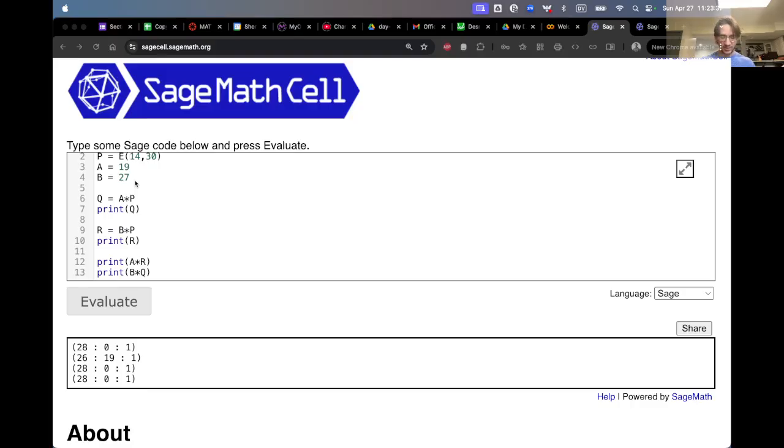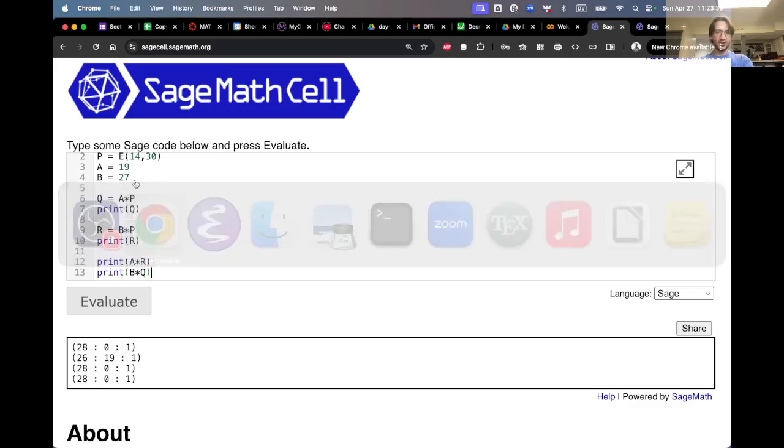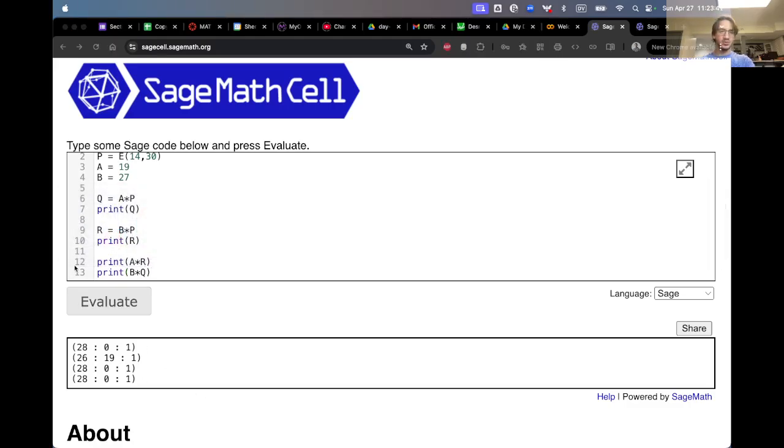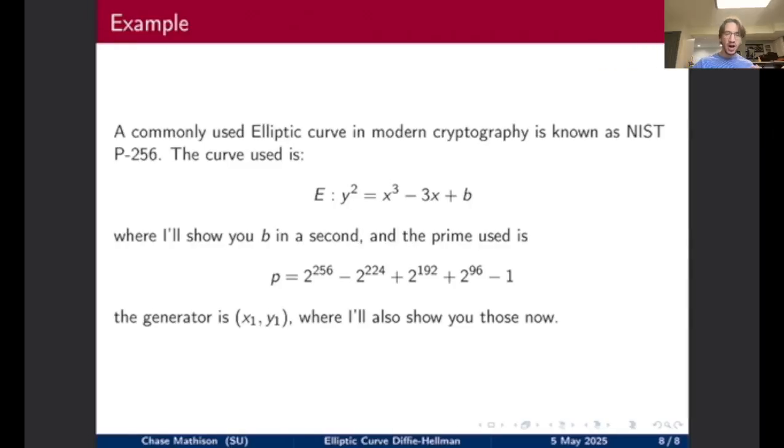Now, let's talk about some numbers that are used in modern cryptography. Okay, let me switch back to the notes here. One thing that people can do when they're agreeing to use elliptic curve cryptography is they can use a commonly agreed upon, safe elliptic curve.